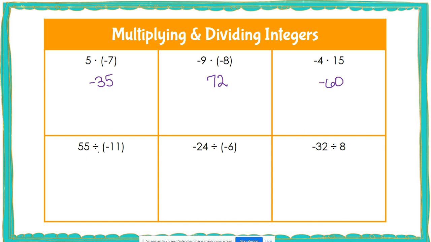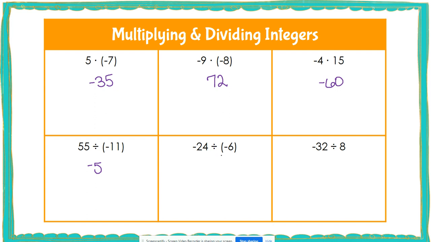For positive 55 divided by negative 11, I'm going to divide like normal with their absolute values, so 55 divided by 11 is 5. Then, because I have different signs, a positive here and a negative here, I know that this quotient will be negative. So 55 divided by negative 11 is equal to negative 5.